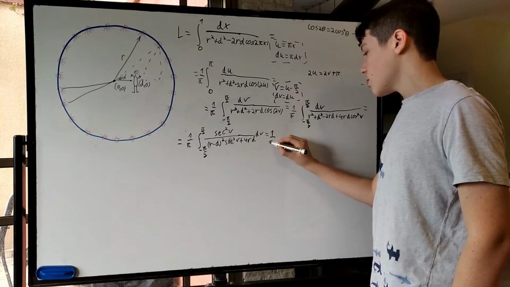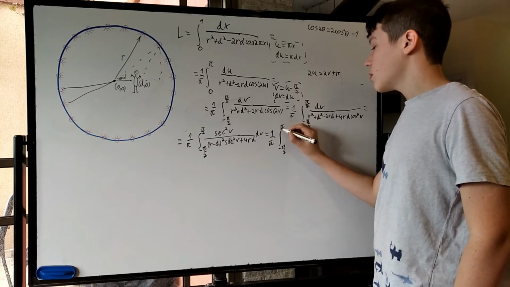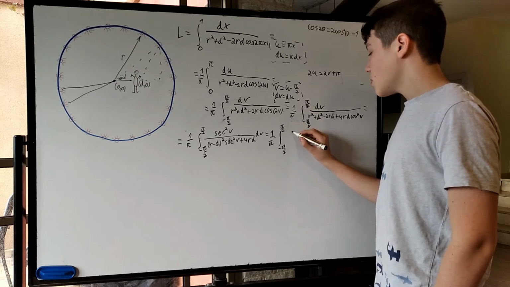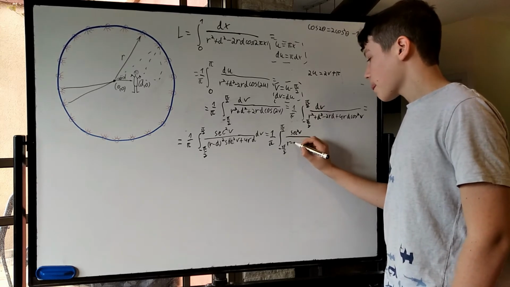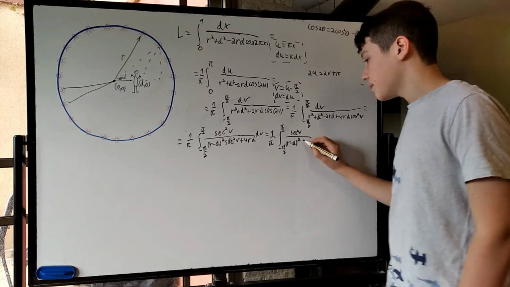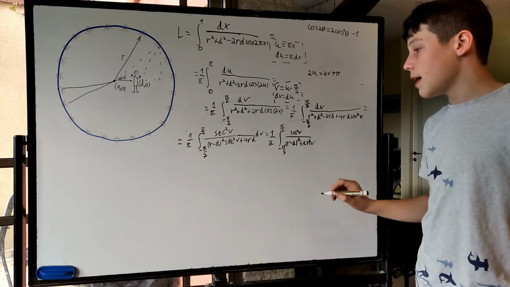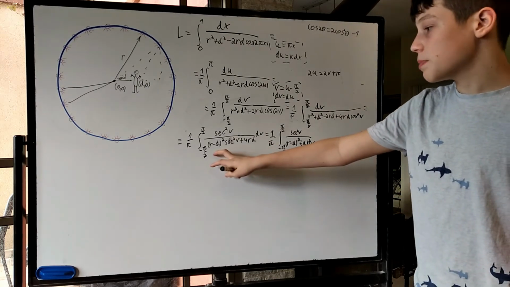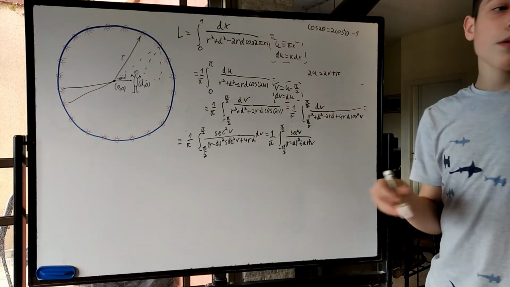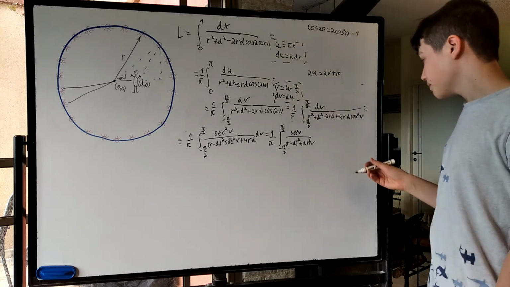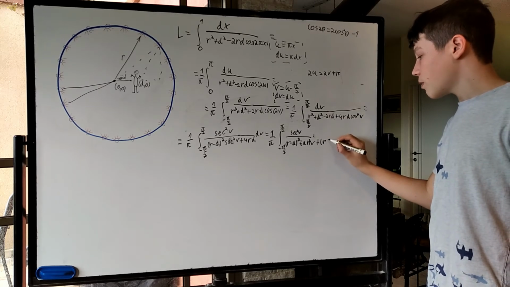And I'll get 1 over pi, the integral of negative pi over 2 to pi over 2 of secant squared v over r minus d squared tangent squared v. Now, the plus 1 turns into plus r minus d squared, and then plus 4rd will turn into r plus d all squared. And I'll let you check for yourself why this is true.